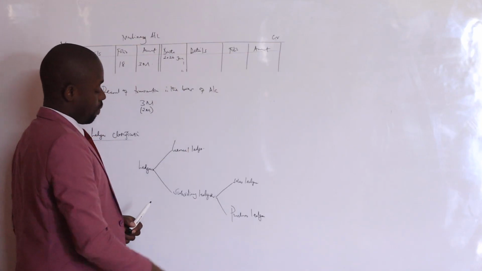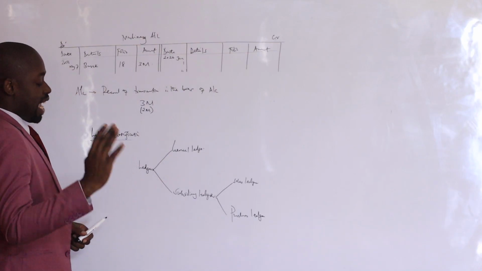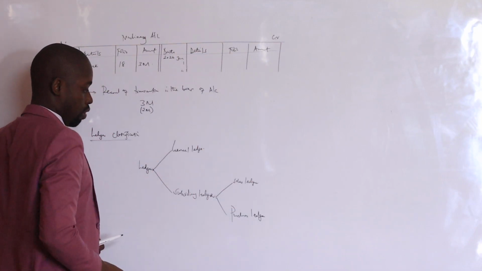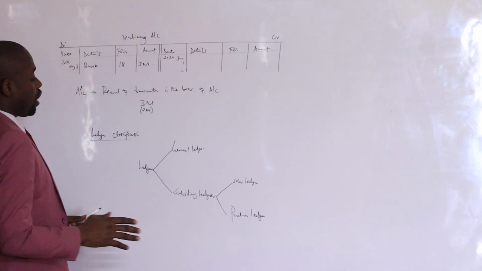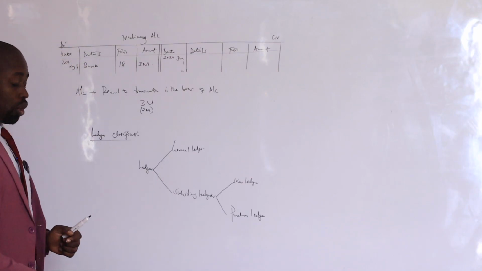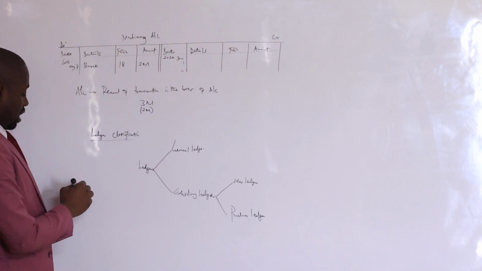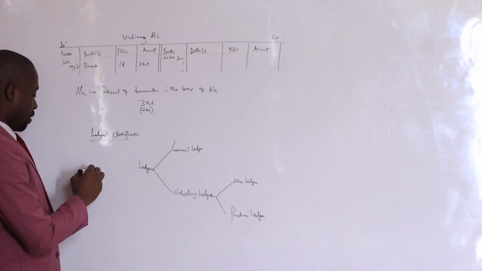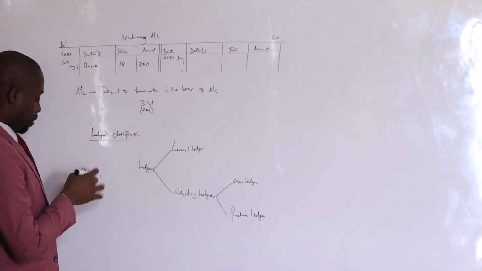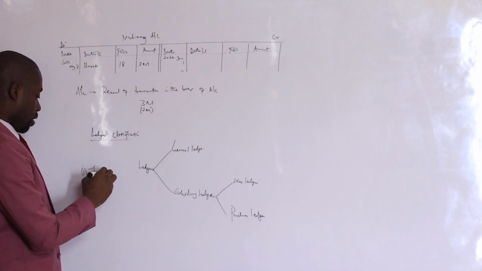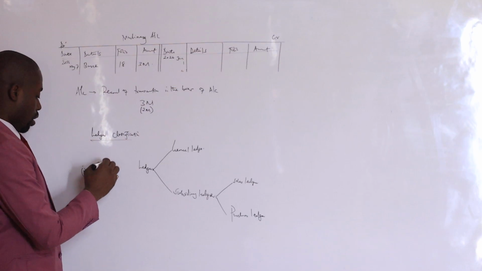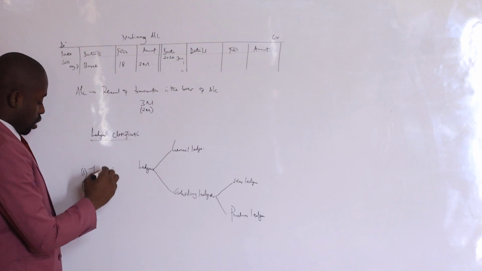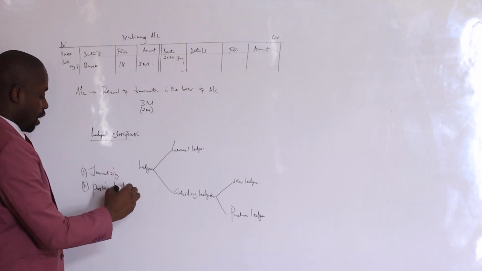So we'll do them later as we proceed. So at the end of the period, these ones will be transferred to the general ledger. So the recording of information in ledger accounts will take the following procedure. Number one, when we'll be doing journals, we'll have what we call generalizing. And then number two, what we call posting to individual ledgers.